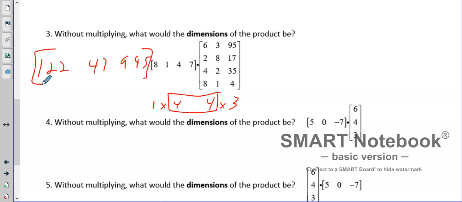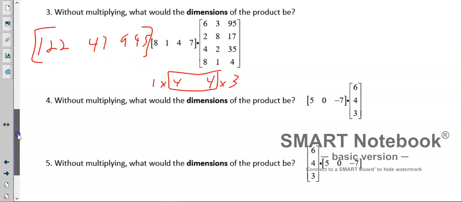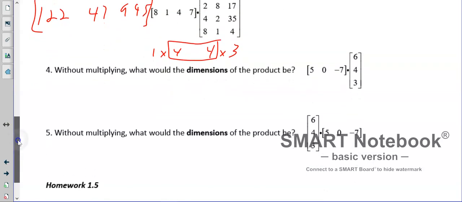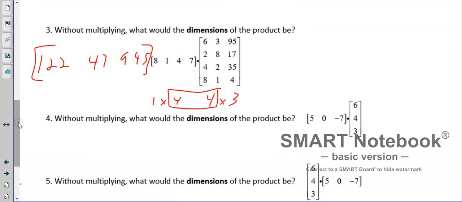That's our answer. Now, here's the trick. Also, this ended up being a 1 by 3. Your answer is going to be that.